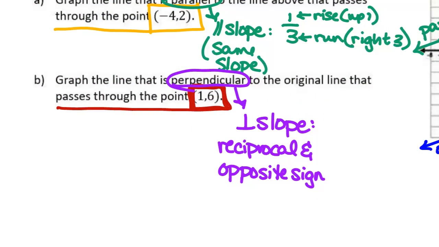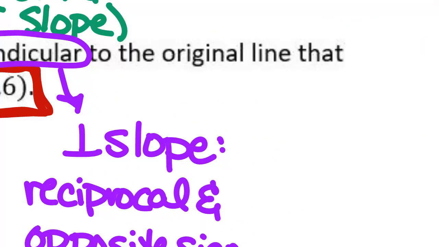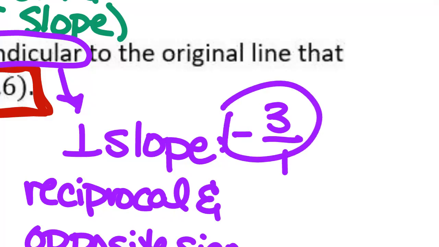So when I flip 1/3 over, I get what? 3/1. And then we have to change the sign, so it has to be a negative. I have to decide whether that negative is going to go with my numerator or denominator. It won't go with both. You put it with one only because there's only one negative sign. I always put it with my numerator.